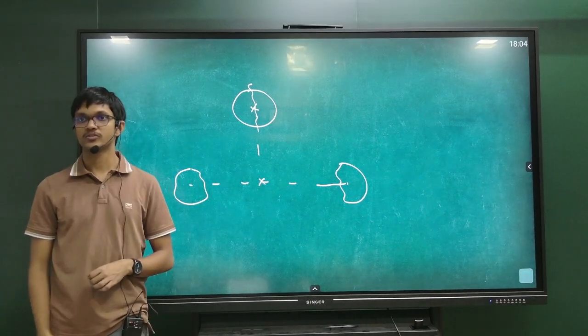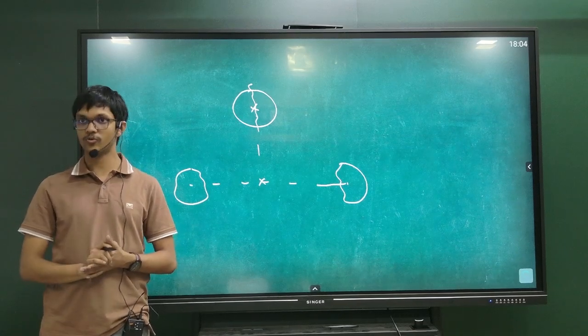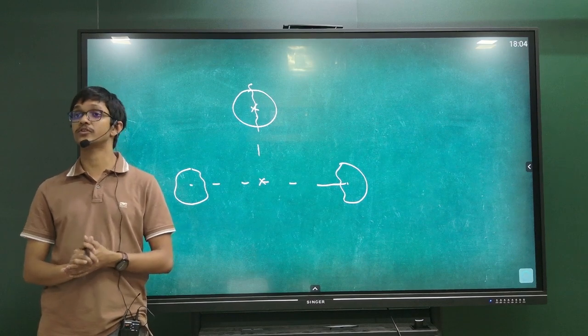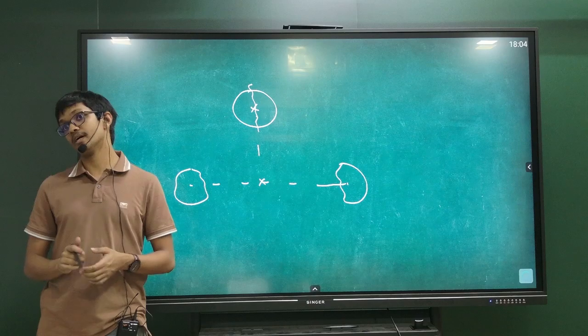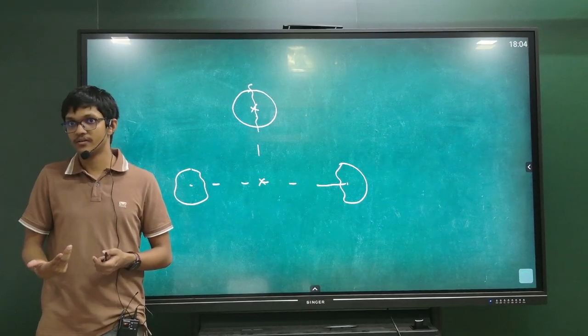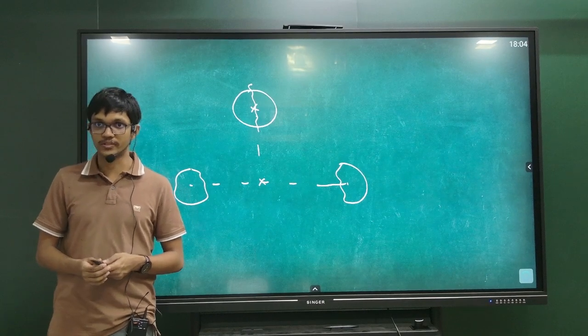Clear? So in Newton's first law, he was talking about the center of gravity or the center of mass. Now we are correcting the theorems that we already learned. We are filling the gaps actually.